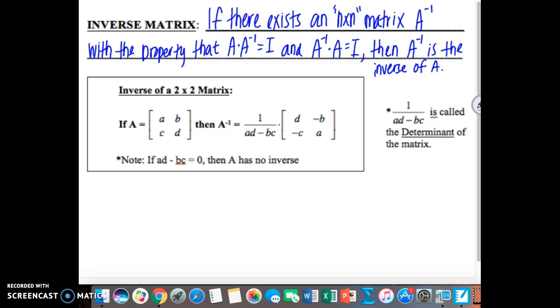So the way that we prove two matrices are inverses of each other is if we do matrix multiplication both ways, and if we get the identity matrix as a result of that. So the inverse of a 2 by 2 matrix, if we have A equals the matrix A, B, C, D, then A inverse is 1 over AD minus BC, where this right here is the determinant.